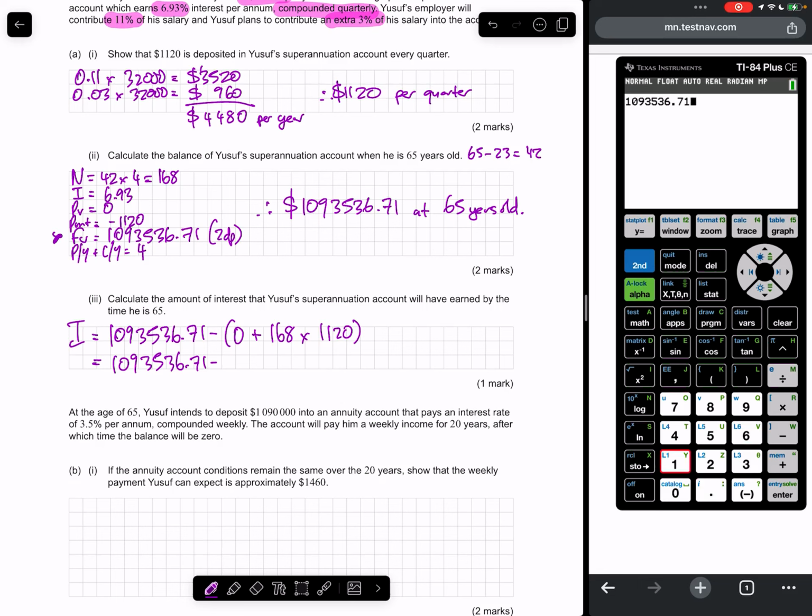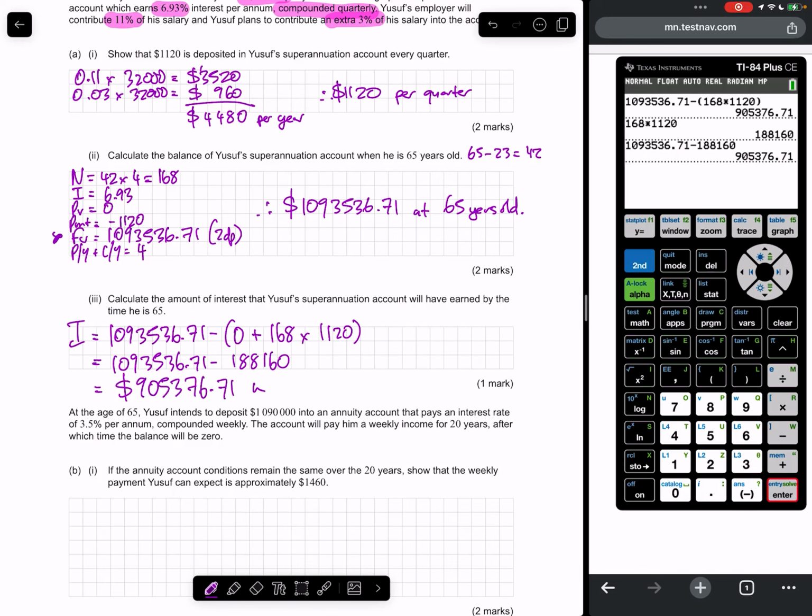Take away 168 lots of 1120, which is 188,160. Now $1,093,536.71 take away 188,160 is $905,376.71. Interest earned.